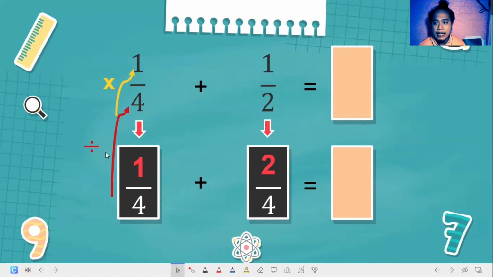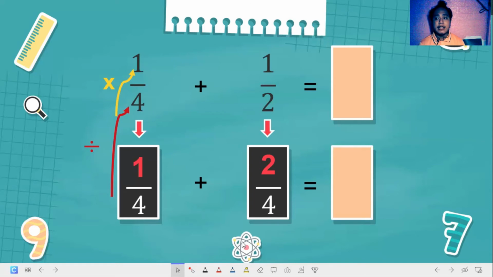Let's go to the next step. Our last step is that we are going to add them. Why? Because the denominator now is similar, and we are now finished transforming them into similar fractions. That's why we can now add them. So how are we going to add similar fractions again? 1 plus 2, which are the numerators, is equal to 3.